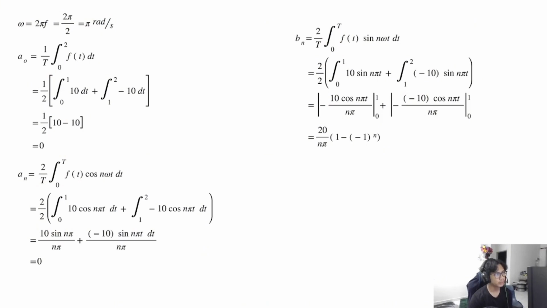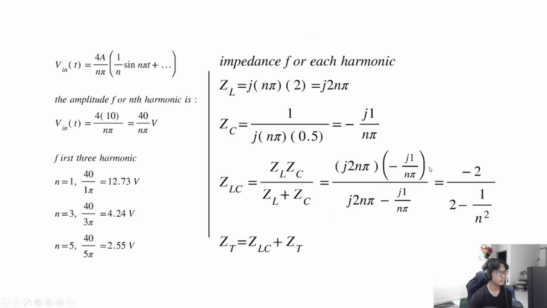For bn, 2 over T times the integral of f(t) sin(n omega t) dt, and we get 20 over n pi times (1 minus negative 1 to the power of n). So the equation is f(t) equals 4A over n pi times sin(n pi t).